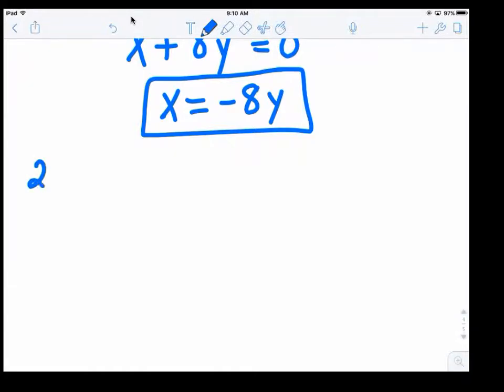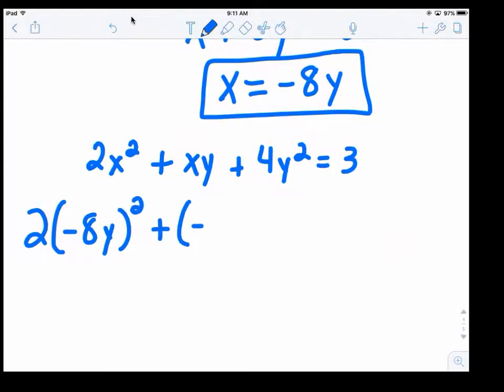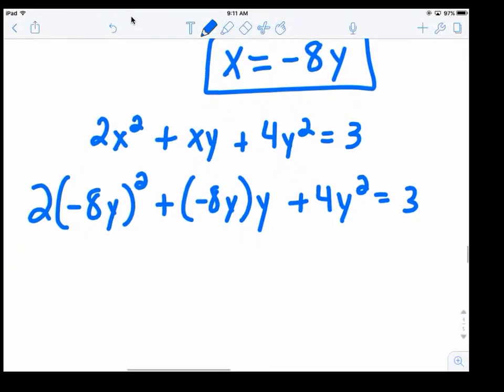So you have 2x squared plus xy plus 4y squared equals 3. Anywhere I see an x term, I'm going to replace with negative 8y. So I have 2 times negative 8y squared plus negative 8y times y plus 4y squared equals 3.